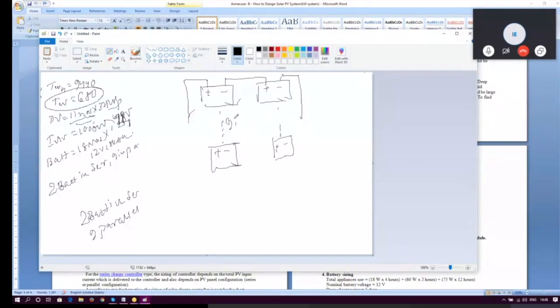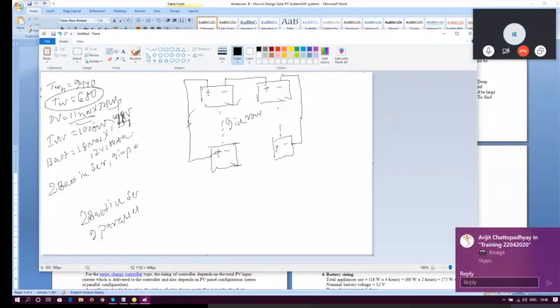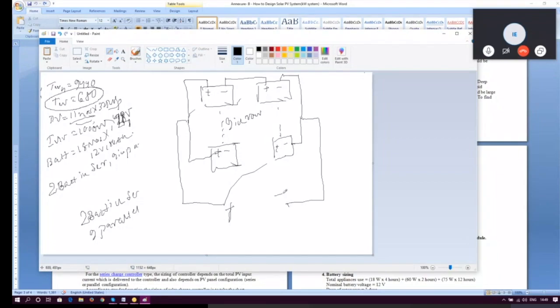We will have 9 rows, total 9 rows, right? We have 18 batteries. For parallel, we are connecting positive to positive and negative to negative. As only 2 are in series, you can see I have connected 2 negative to positive only. From here, I will take a common positive, and here I will take a common negative, and ultimately it will go to my load. Fine.